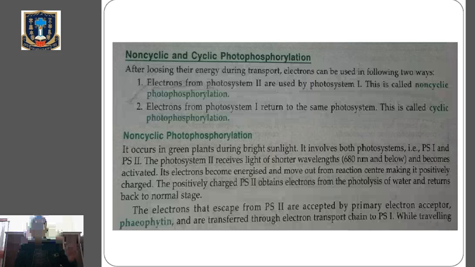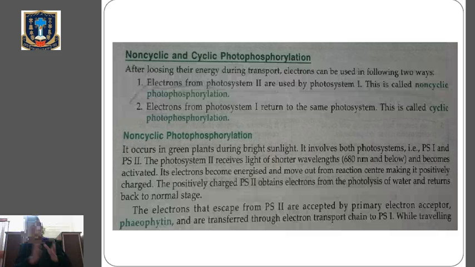So the positively charged PS2 will obtain the electrons by the photolysis of water and return back to the normal state. Now the electron is moving from the PS2 because it has become excited, it has become activated, and it will be released from the reaction center of PS2. It will be received by the electron acceptor. It will move downhill through the electron transport system and goes to the PS1.